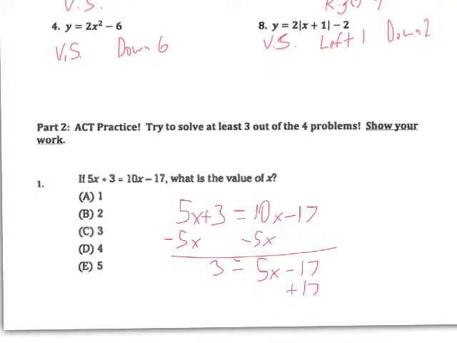Add 17. And that gives us 20 equals 5x, so 5 times what gives you 20? Divide by 5, we get x is equal to 4. So there's our answer there.